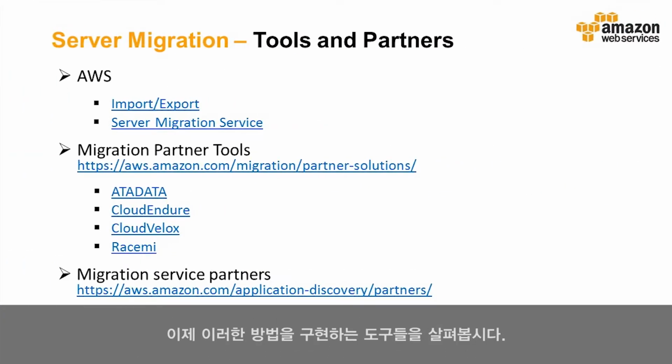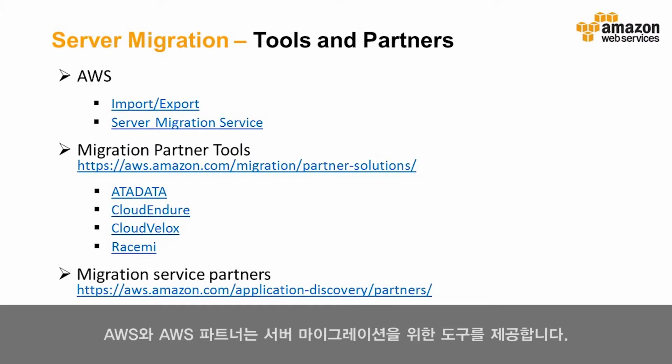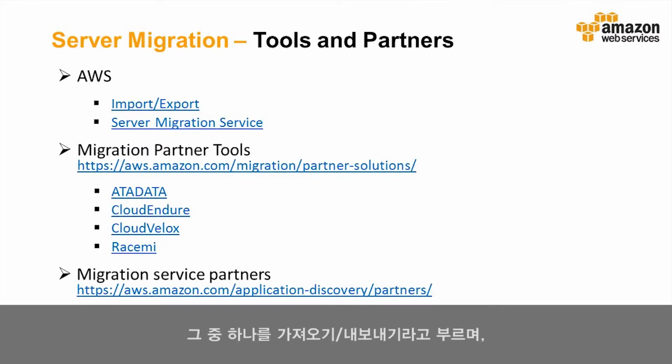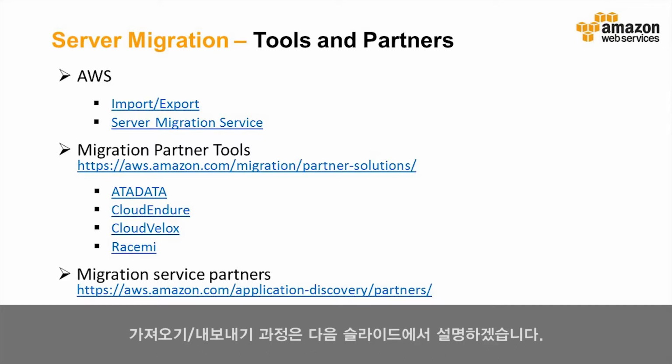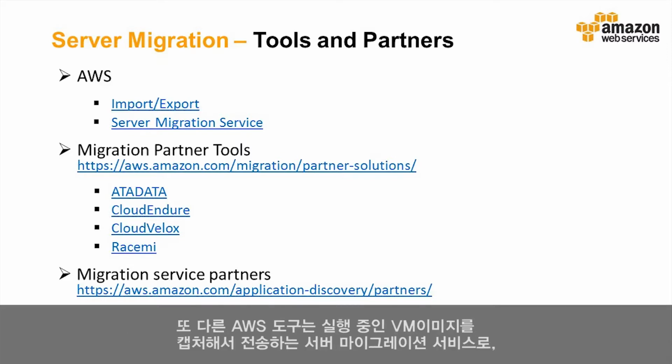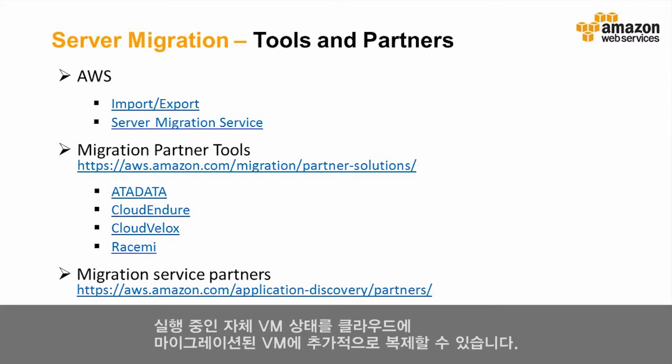Now let's look at some of the tools that implement these methods. AWS and AWS partners provide tools for server migration. One of the tools is called import-export, which moves VM images to AWS and then converts images to AWS machine images. We are to illustrate the import-export process on the next slide. Another AWS tool is Server Migration Service, which captures and moves the image of a VM in running state, and it can further replicate the state of the running VM on-premise to the migrated VM running in the cloud.